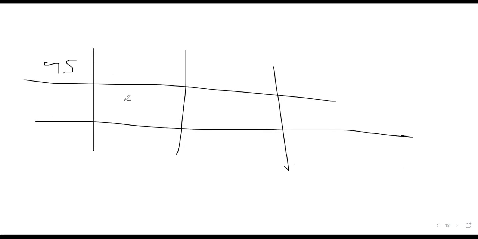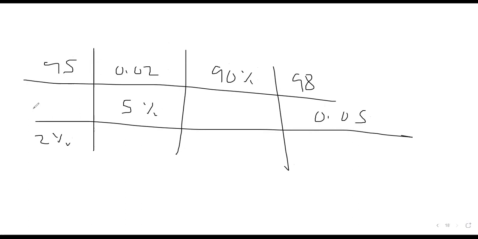95, 5%, 0.05. 98, 2%, 0.02. 90, 10%, 0.10. 99, 1%, 0.01. So give me the Z for 95%.